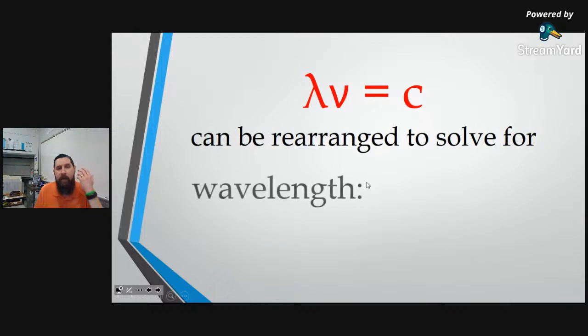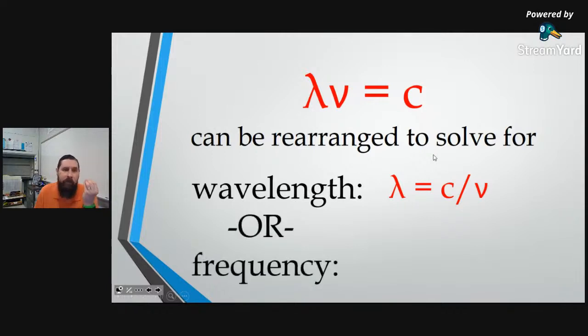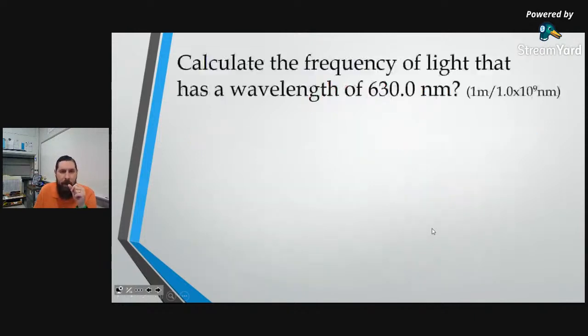So in other words, it can be rearranged for wavelength, where lambda equals c divided by nu, or speed of light divided by frequency. Or if we're solving for frequency, nu equals c divided by lambda, or speed of light divided by wavelength. So now that we've got these two rearrangements of the speed of light equation, let's go on and look at some practice problems.